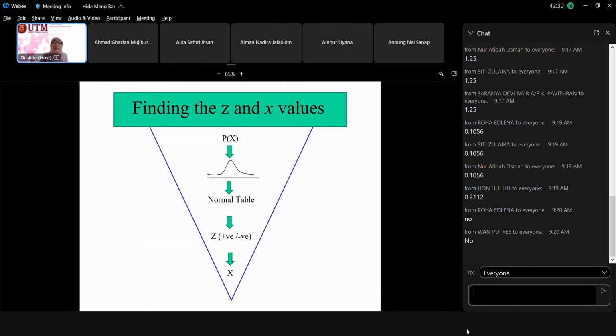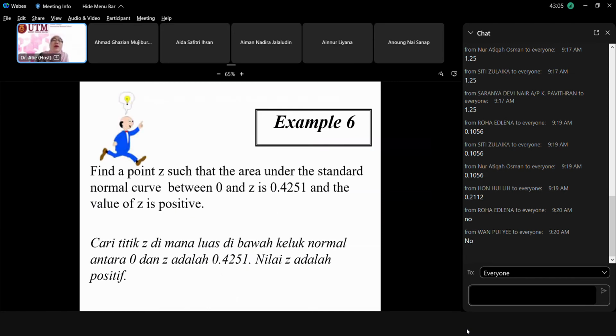We are given the probability, and then we need to draw the location once we get the probability in order to know whether it's positive or negative, then look at the normal table and decide what is the critical value of Z, and then we need to find X. So we are going to move from right to left rather than left to right. So let's look at one example.